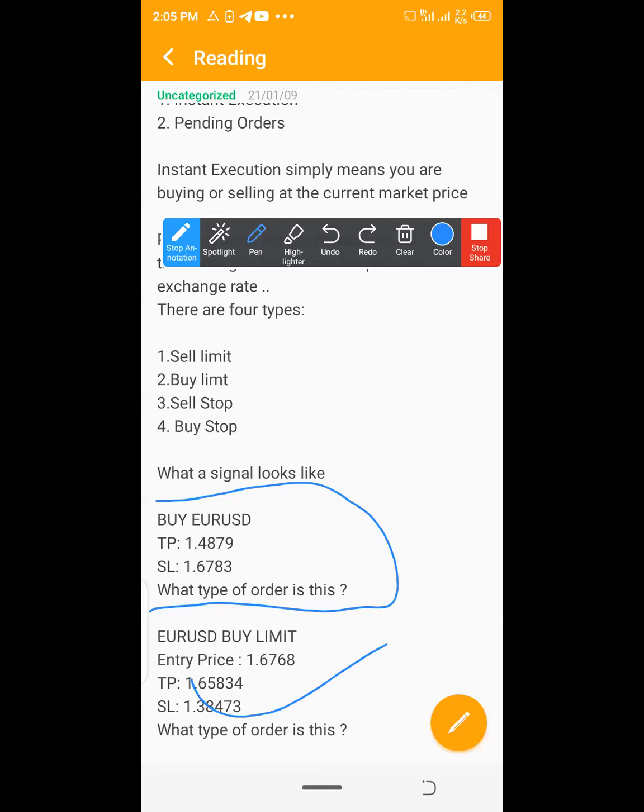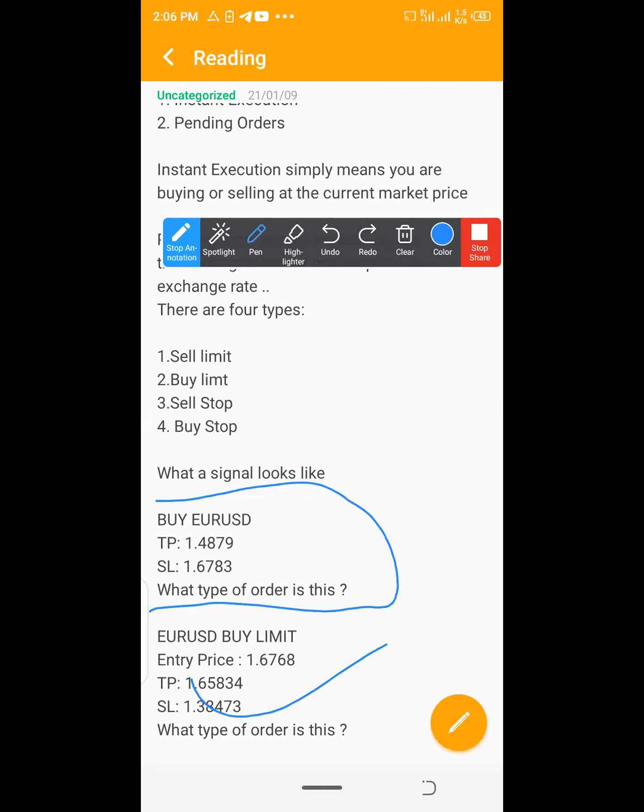So it is a pending order because it has buy limit, and secondly, because it has an entry price. You can see that the entry price was given at 1.6768. That is how you can differentiate between an instant execution and a pending order.